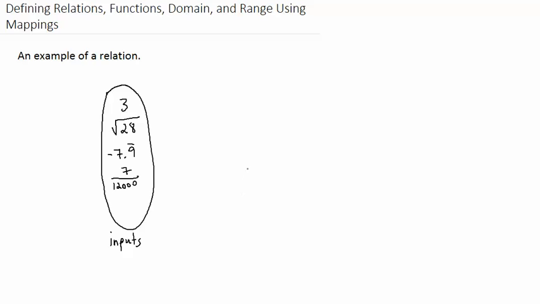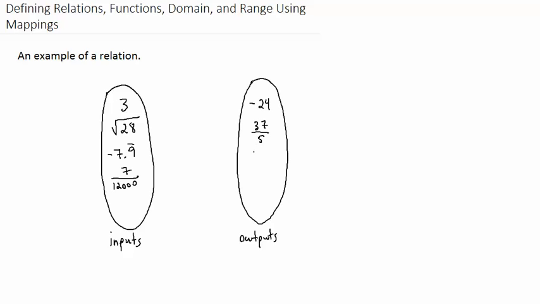Then of course if we have some input real numbers, let's have some output real numbers. Let's have negative 24, 37 fifths, and the fourth root of 100.